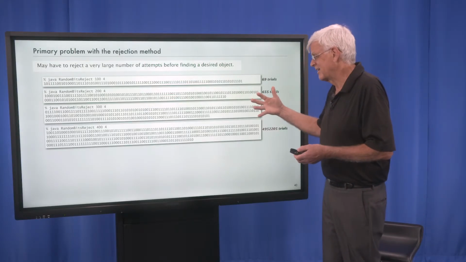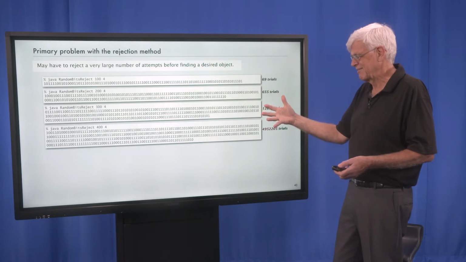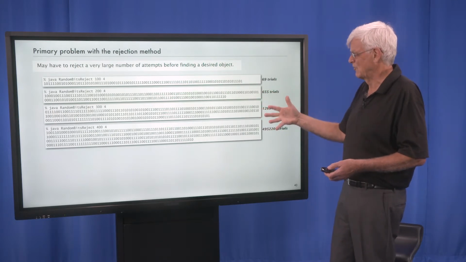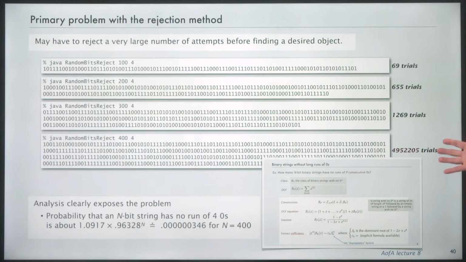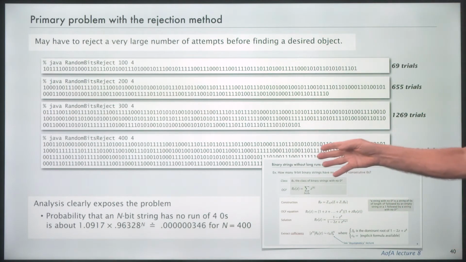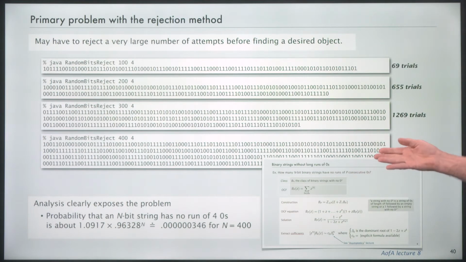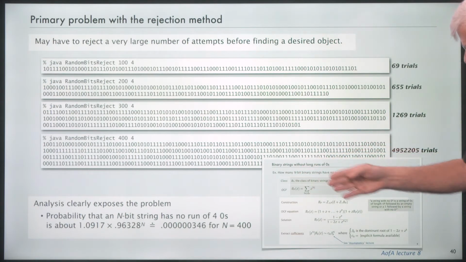And in this case, we actually have the analysis that helps us understand what's going on. We studied this in Lecture 8 in analysis of algorithms. We can calculate the probability that an n-bit string has no run of 4 zeros, and that's about 0.96328 to the n.